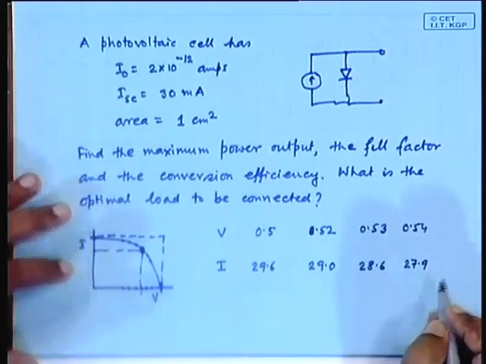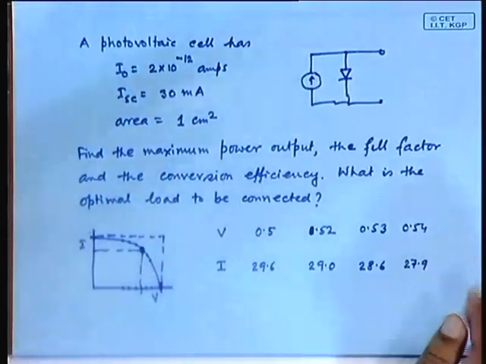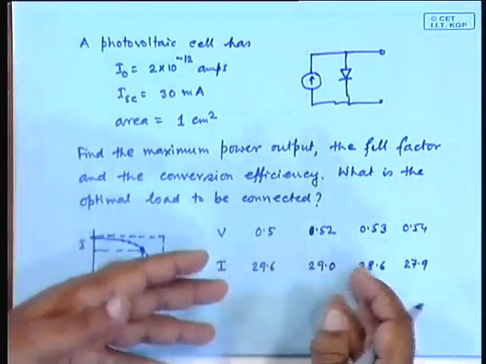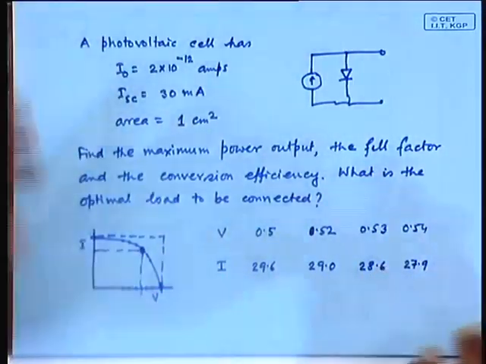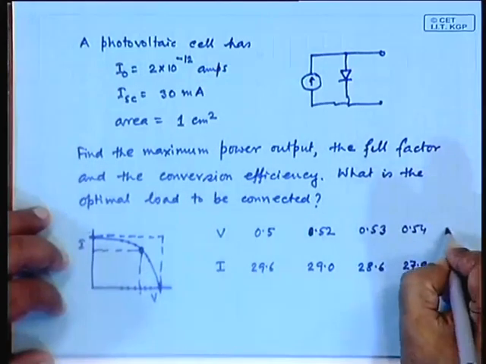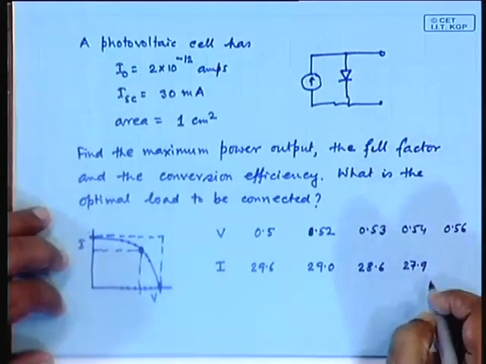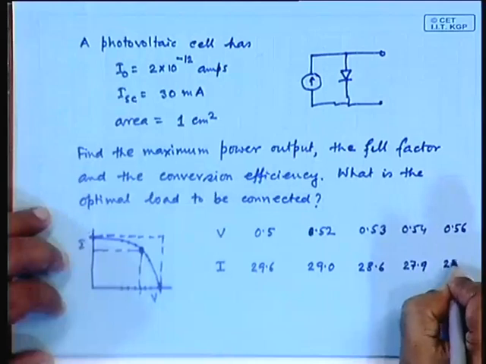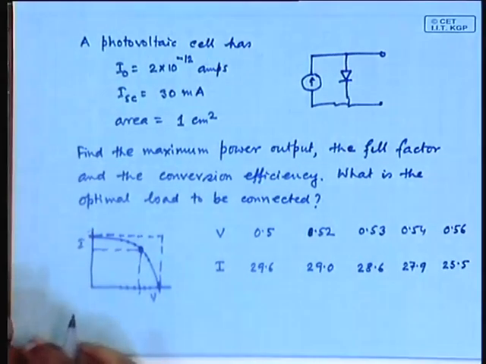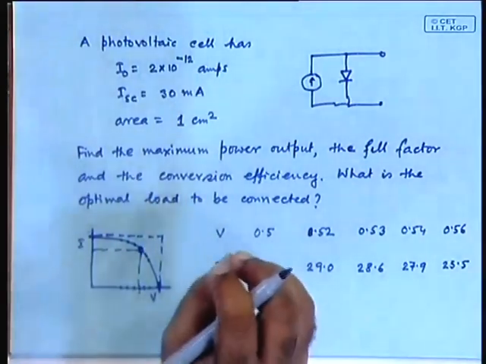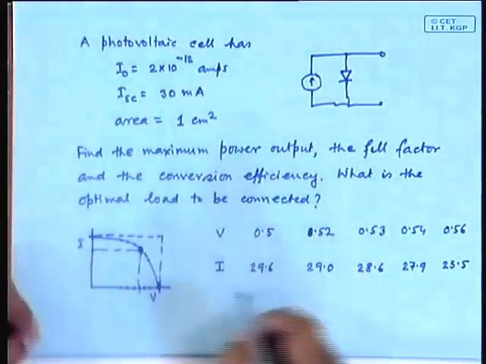I am just shortening by not asking you to actually press the calculator. If you do it, you will get these values. 0.56 you will get 25.5. So, simply by putting these values into that equation, you have calculated this.